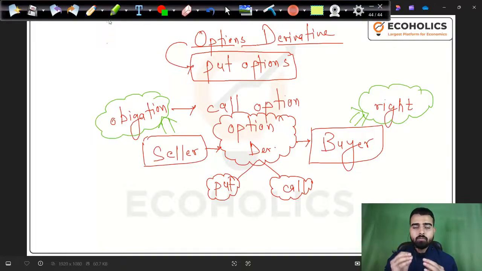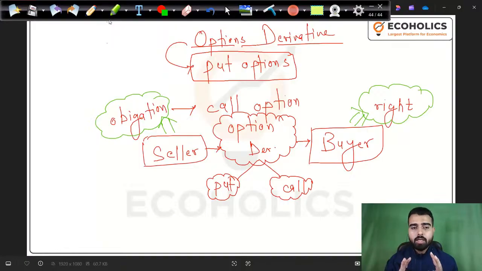If as a buyer I am buying a call option, it means I am purchasing a right to buy a specific commodity on a particular day or time. This is what put and call options mean. Sorry, put means selling, call means buying. These two terminologies you need to understand.